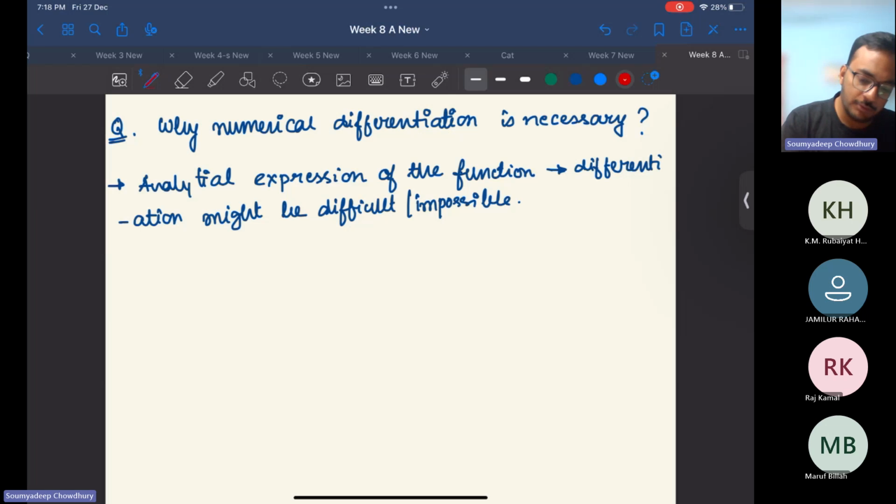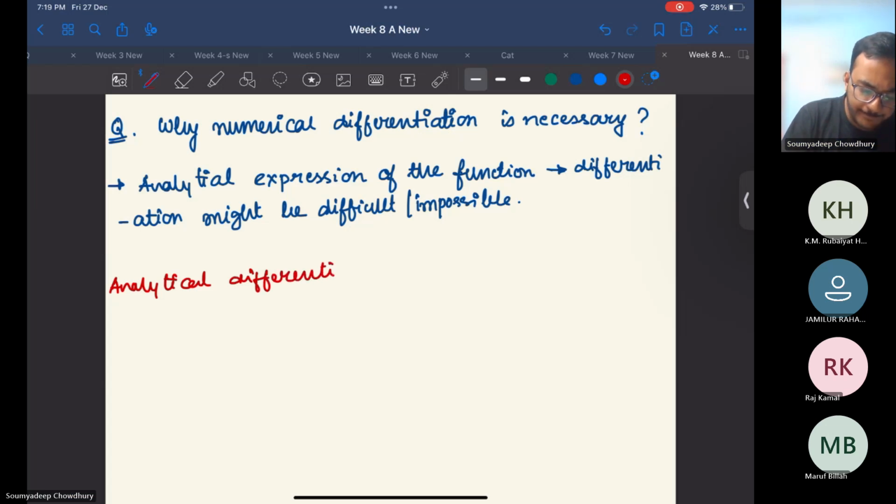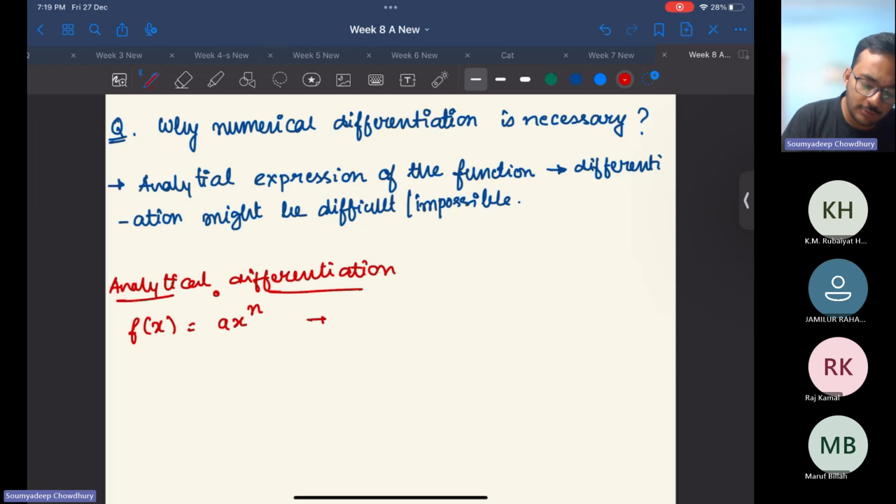What I'm trying to tell is, in analytical differentiation, suppose you are given a function, say a x power n, and you are asked to find the derivative of the function at say x equals 0.5.